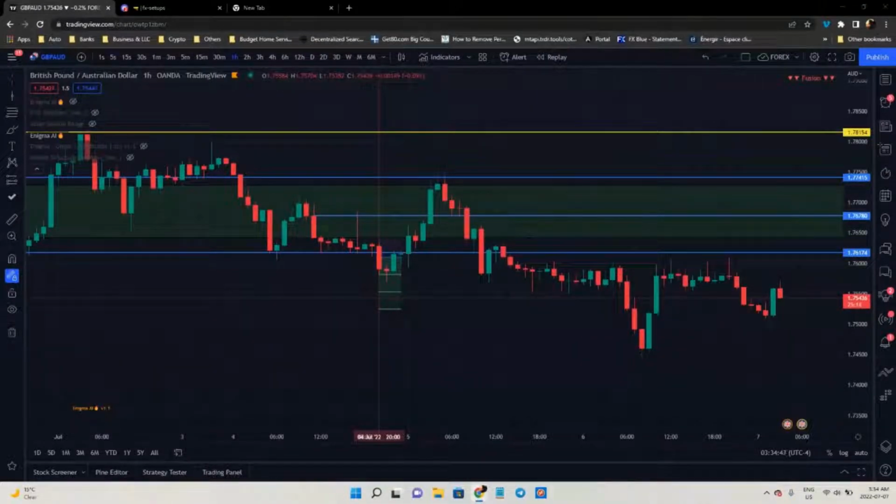And I'm not a swing trader. I'm a scalper. That's why my risk is a little bit high, because I know I'm in and out of the market quickly. So that is the risk that I have overall.